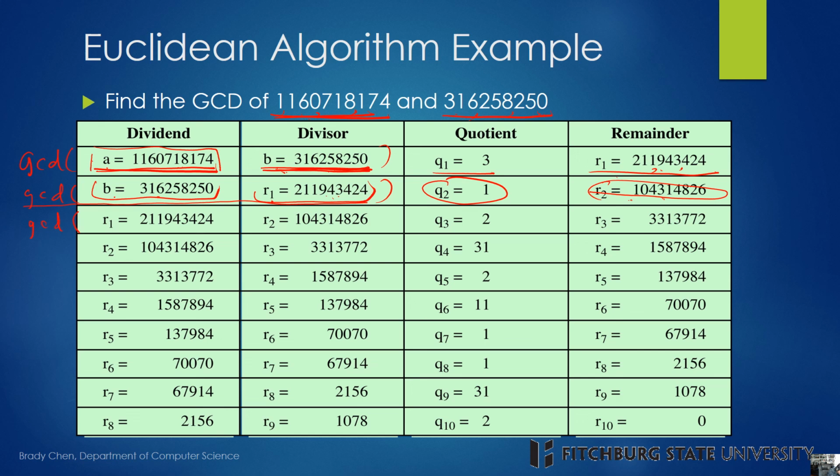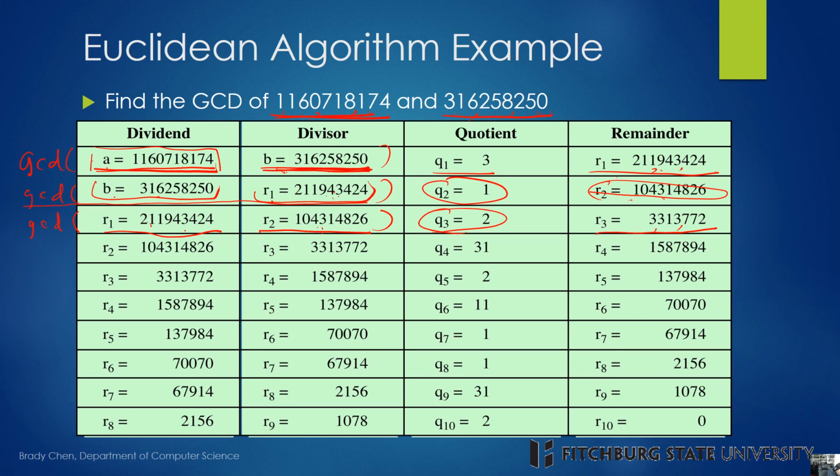We replace B by R1, we replace R1 by R2, right? Still a bigger problem. Then divide R1 by R2, and we got a quotient 2 and a remainder R3, 3,313,772. That's a smaller number.